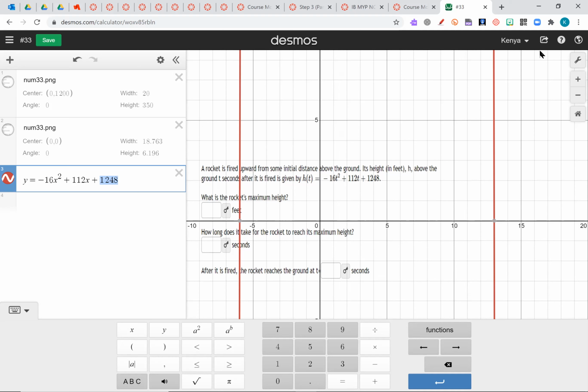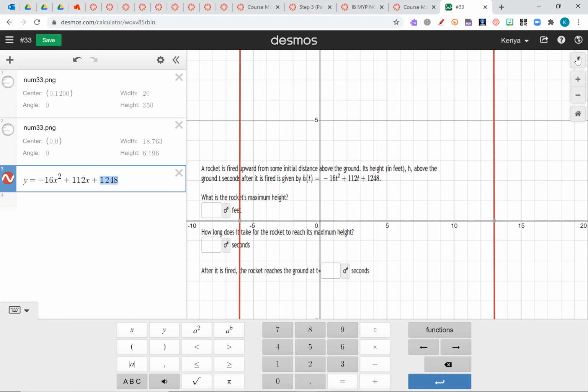So I need to adjust my window to accommodate my 1,248 y-intercept. Here I see that my range goes from negative 8.5 to positive 8.5. So I'm going to change it to a number that's bigger than 1,248. I'm going to change it to 1,500. And wow, I picked the right number the first time.